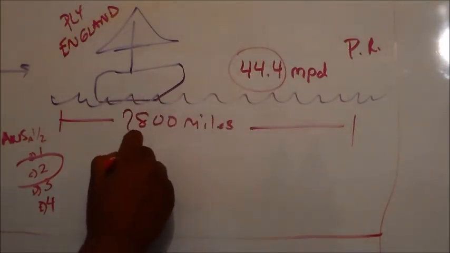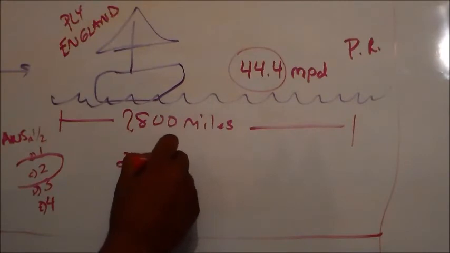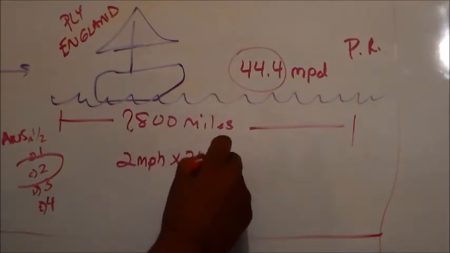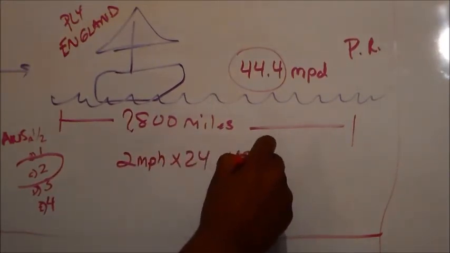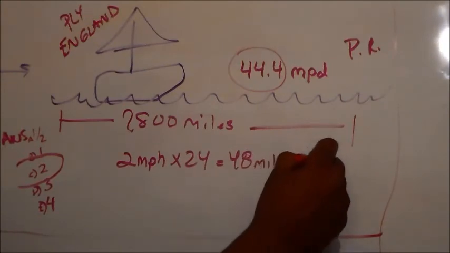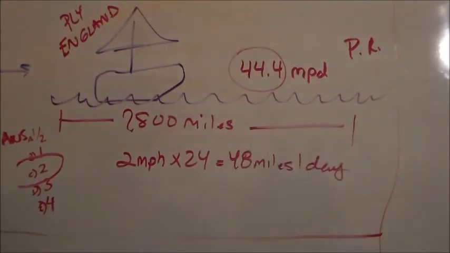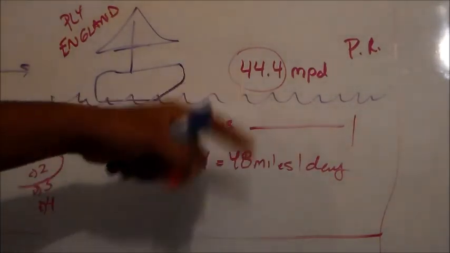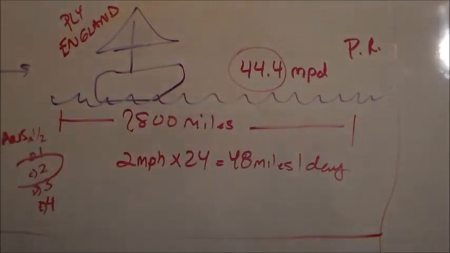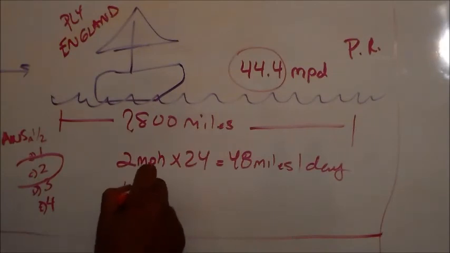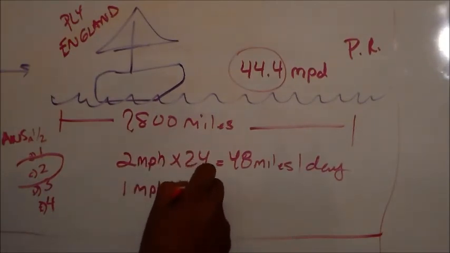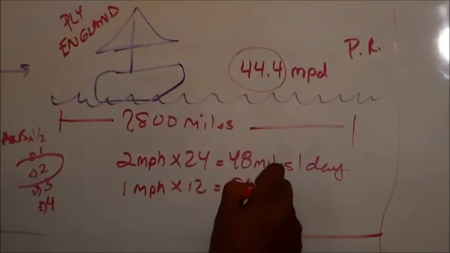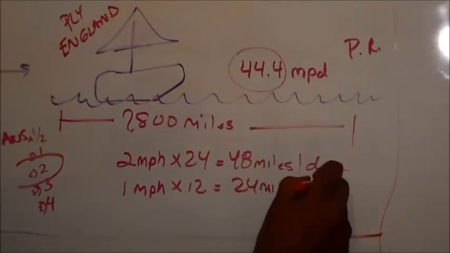But if I'm going 2 miles per hour times 24 hours a day, it's 48 miles per day, just so you can visually see it. 2 miles an hour, 48 miles per day, it's the closest. If I was going 1 mile per hour times 24, I'd only be covering 24 miles per day.